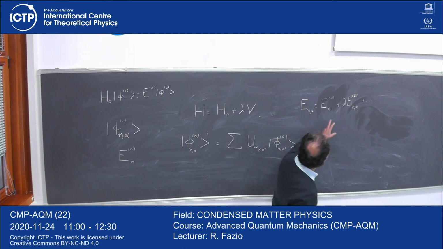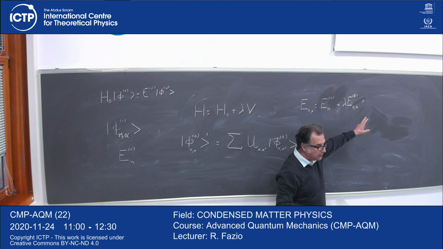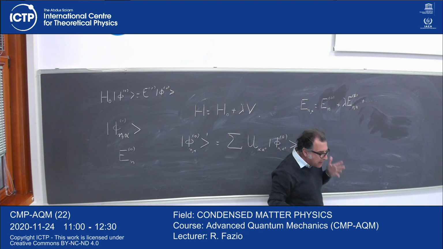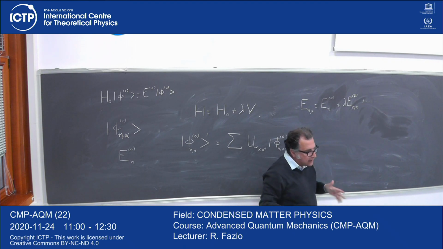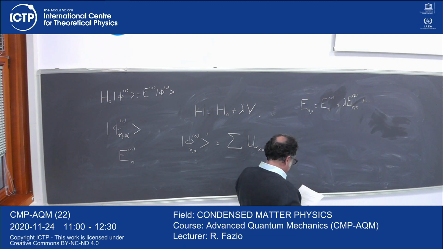So you see that at zero order, the energy does not depend on alpha, but the correction may depend on alpha. So I'm just assuming that they may depend. It may turn out that this is not the case.